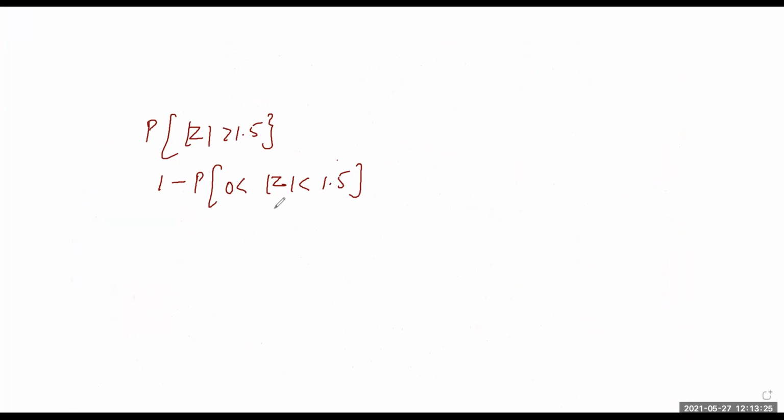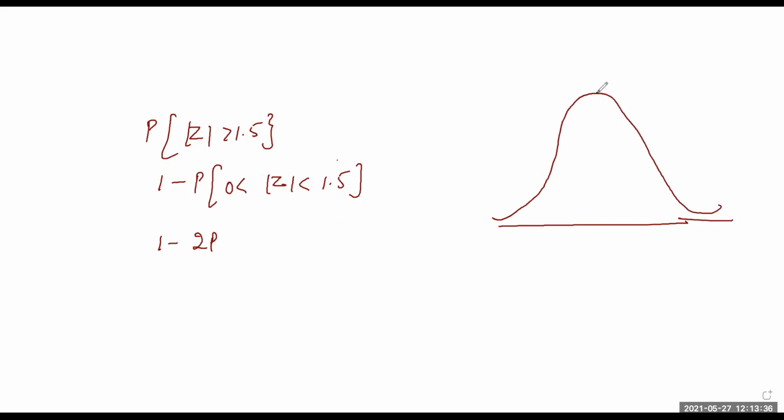As it is a symmetric distribution, whatever area we have under the positive side, we have the same area under the negative side. So we will write it as 2 times the probability 0 less than z less than 1.5.